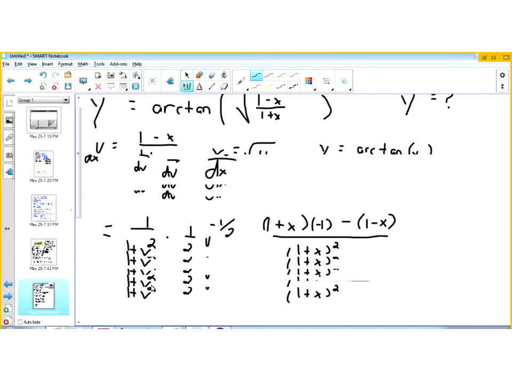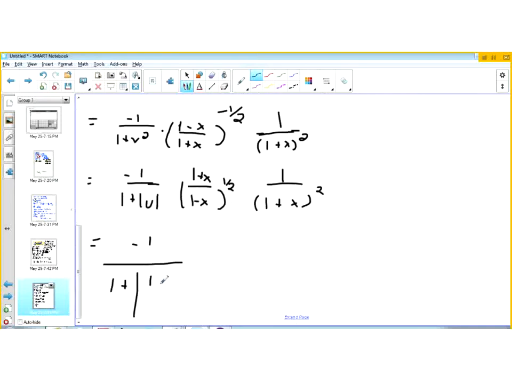Okay, and then we replace u with its definition, so we'll have negative 1 over 1 plus the absolute value of u, which is, what is u? 1 minus x over 1 plus x. Like so. And we can simplify this, so this would be times 1 plus x to the 1/2 divided by, okay, that would be 1 minus x.